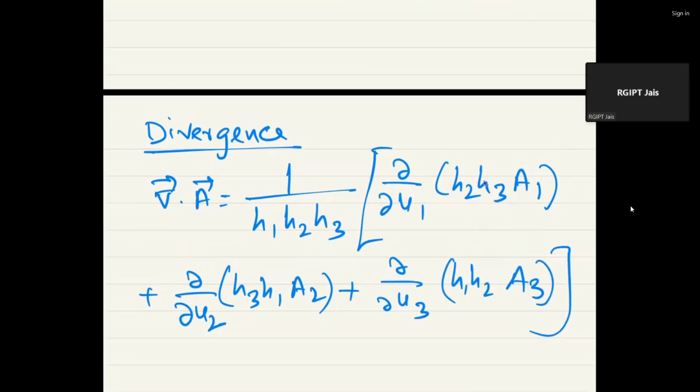How will you remember that? In the denominator you have all the scale factors, and when you do the partial derivative for A1, the other two scale factors, h2 h3, appear in the expression. Similarly, A2 is associated with h3 and h1, and A3 with h1 and h2. This way you can try to remember this expression.